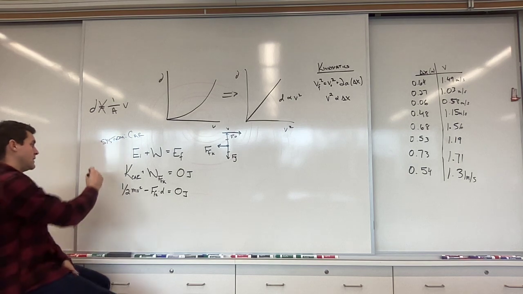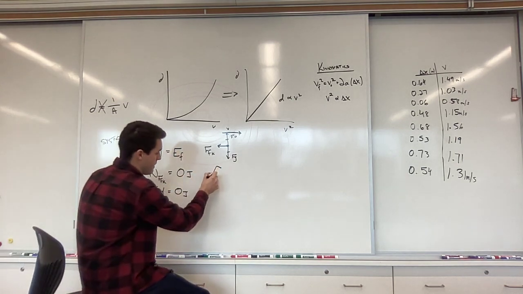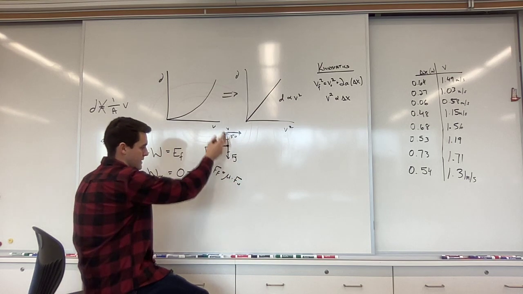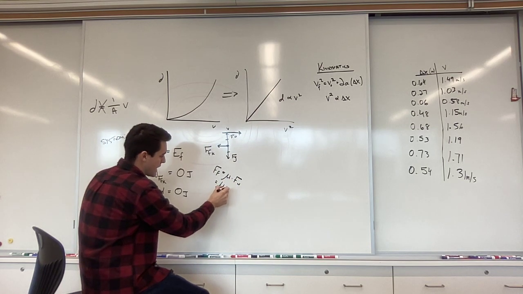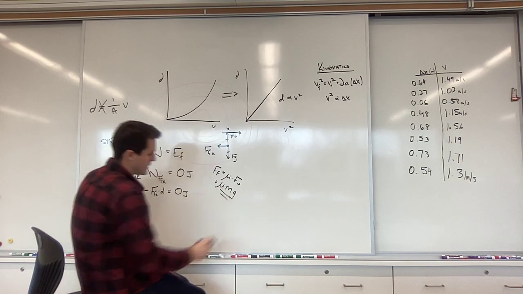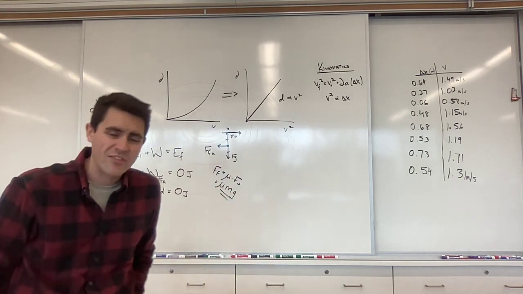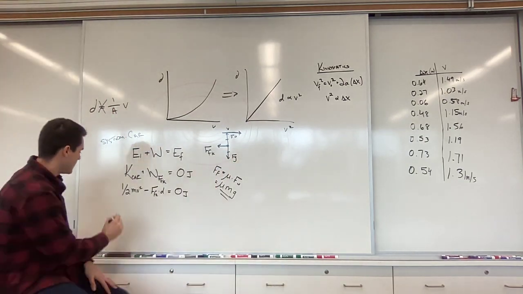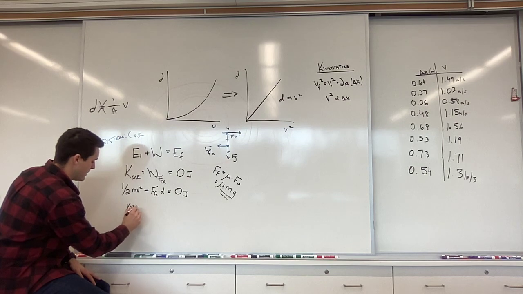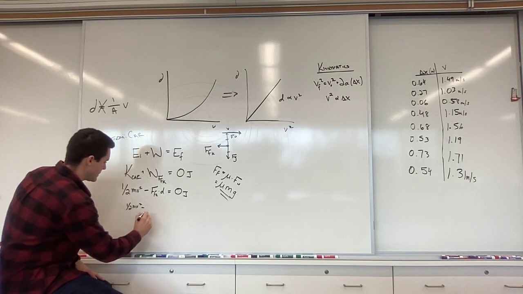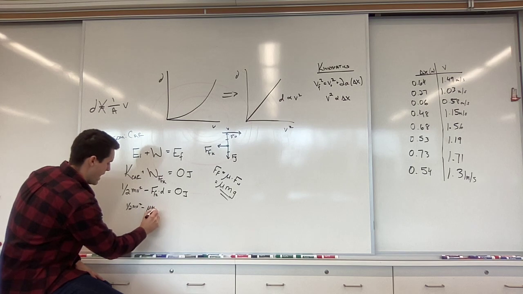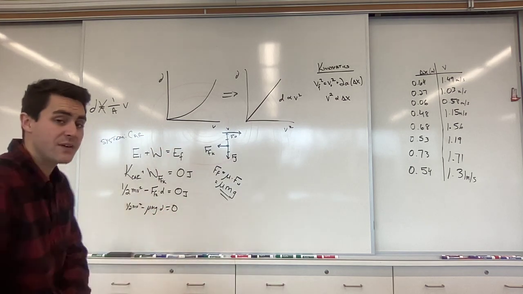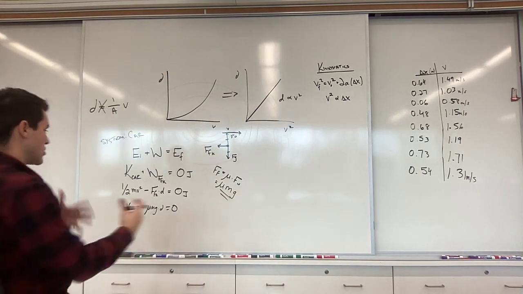Force of friction, I can sidebar this. If I remember, force of friction equals mu times Fn. In this case, that's going to be mu times Fg, or mu mg. That's a great substitution to make when the normal force and the weight force are equivalent, like they are in this scenario. So I end up with 1/2 mv squared minus the force of friction, which is mu mg times d, equal to 0, and I want to find an equation for distance. So I do some algebra.